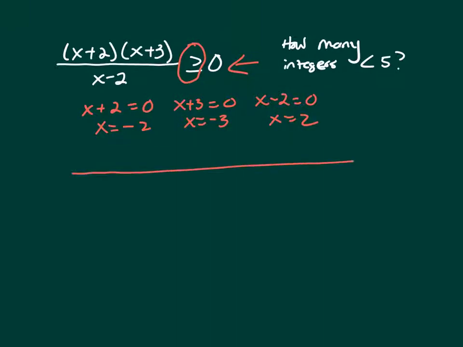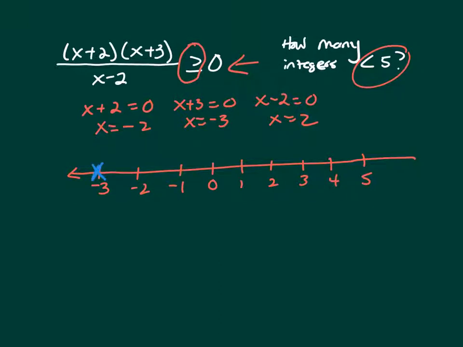So what I would do is put your critical numbers on your number line. There's negative 3, negative 2, I'll go ahead and put negative 1, 0, 1, 2, and that mentions this 5, so we'll go ahead and put that on here: 3, 4, 5. So I'm going to mark with an X our critical numbers.